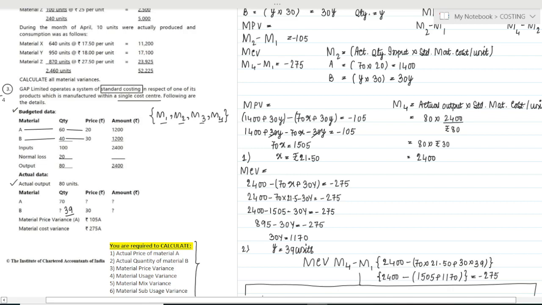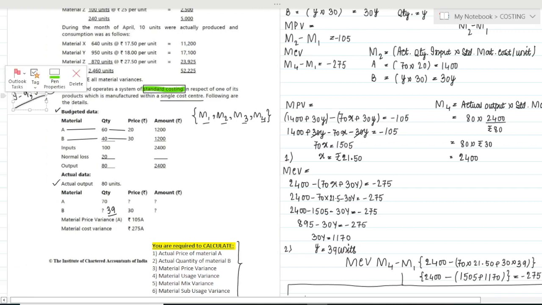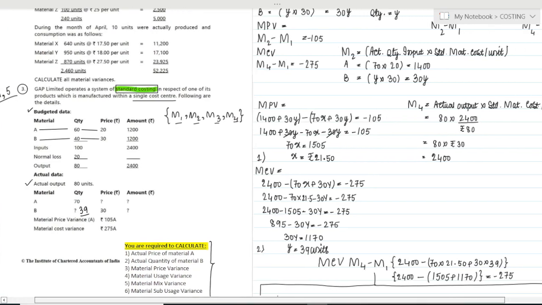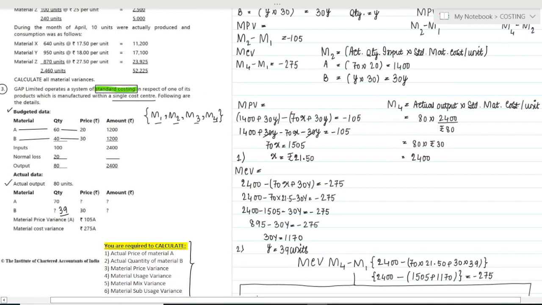So this is the question which deals with the material variance. Okay, so in this question you have to compute all the material variances.